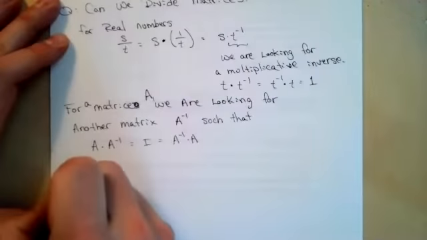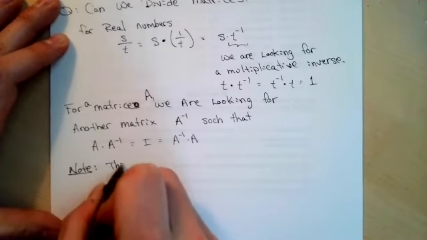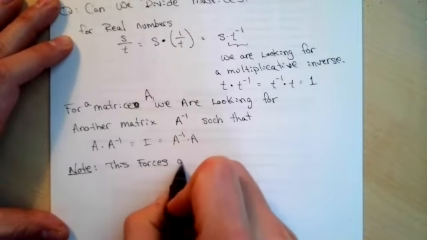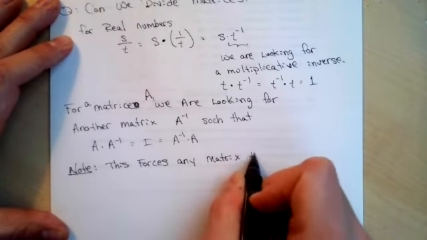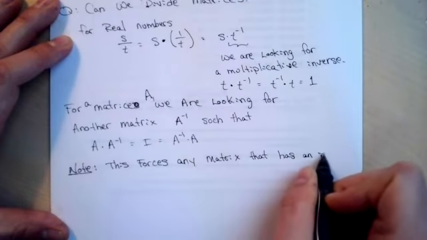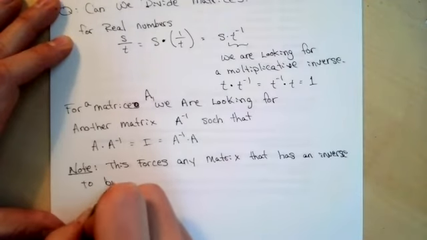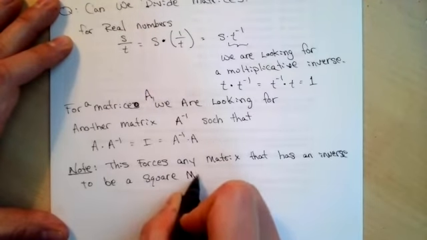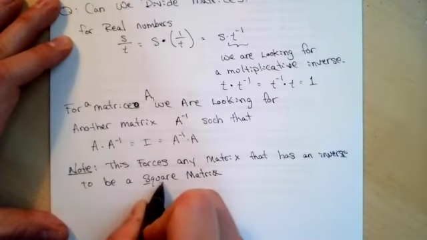So note, this forces any matrix that has an inverse to be a square matrix. So same number of rows and columns.